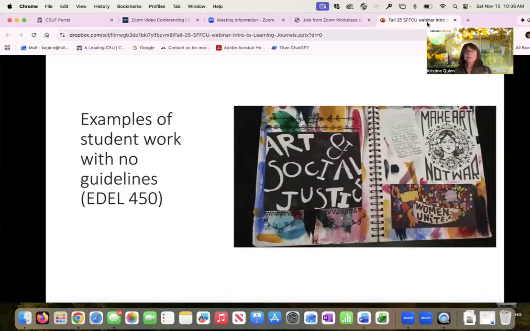Okay, so once they have learned some of those guidelines and they become comfortable in working in their journals, I set them free and take away the guidelines, and they begin to use what they know in new and unique ways to respond to different assignments. In this assignment, this is a response to an article about how art and social justice coexist and what they mean to each other.